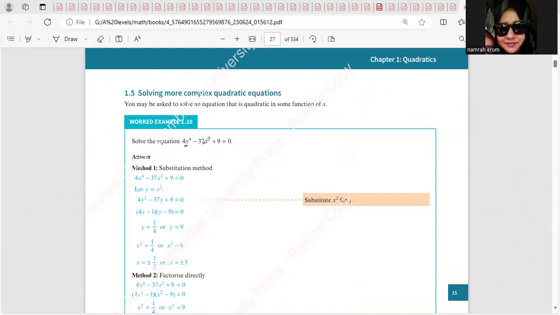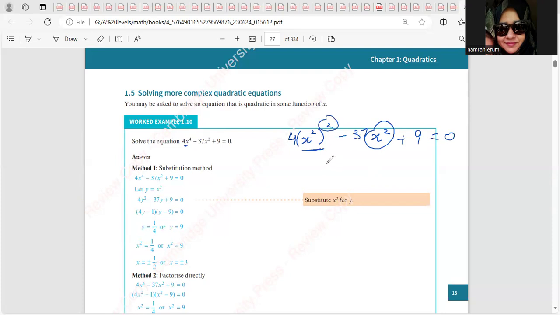For instance, you can say this is a complex quadratic in the sense that if I write x to the power 4 minus 37x squared plus n. If you consider x squared as the variable, as compared to the previous lesson we have learned from the basic concept of quadratic equations, this is the square of that value. So this equation is a quadratic equation in terms of x squared, right?